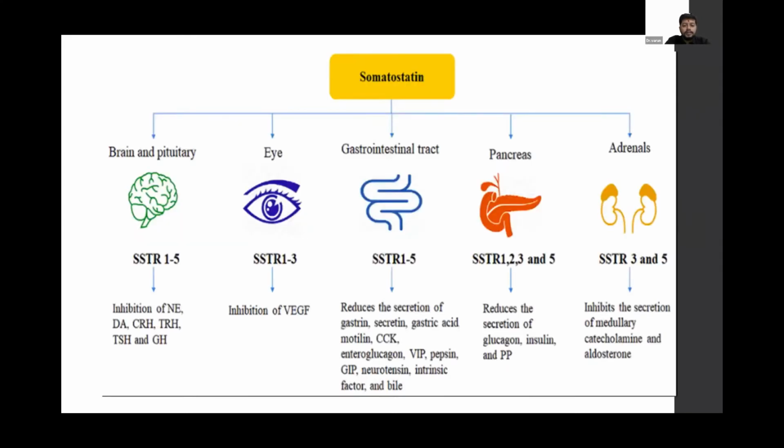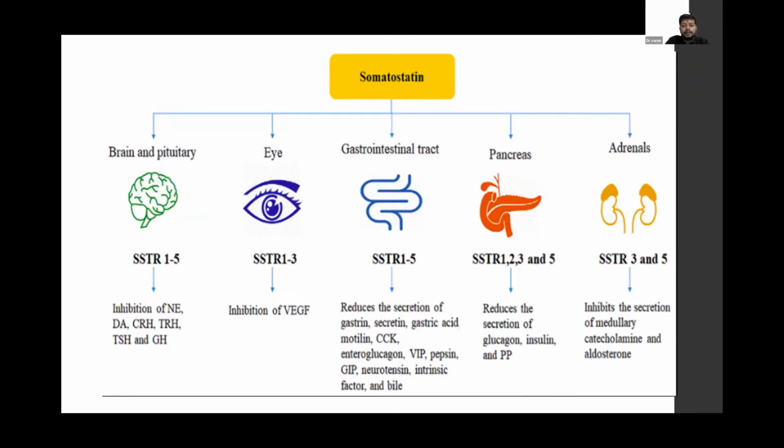The figure shows the mechanism of somatostatin on the different receptors for the brain and pituitary. It acts on SSTR1 to 5 and inhibits norepinephrine, corticotropin releasing hormone, thyroid releasing hormone, TSH and GH. In the eye, it acts on the SSTR1 to 3 receptors and inhibits VEGF.